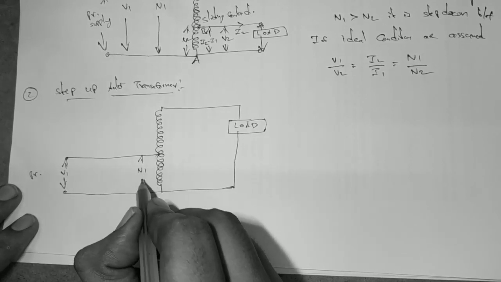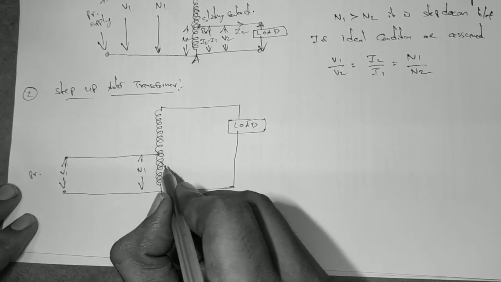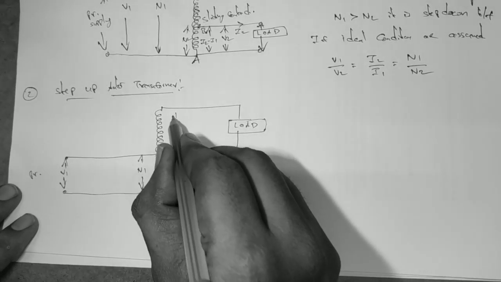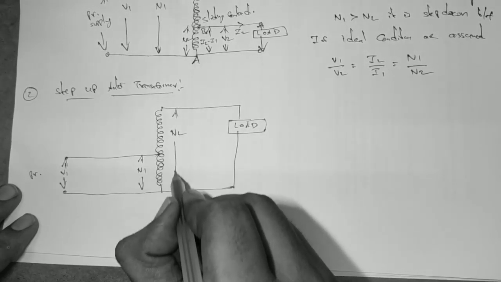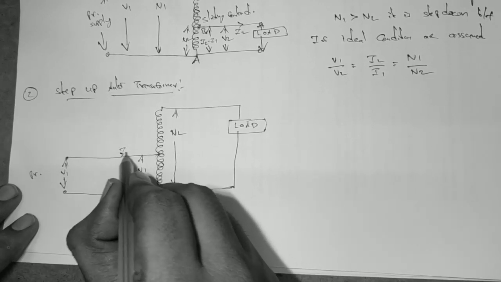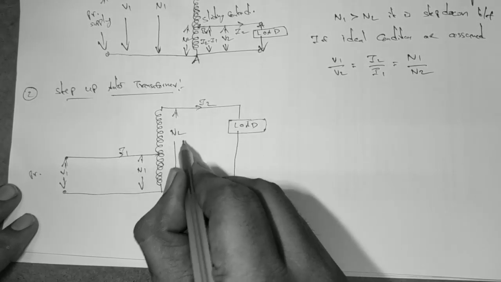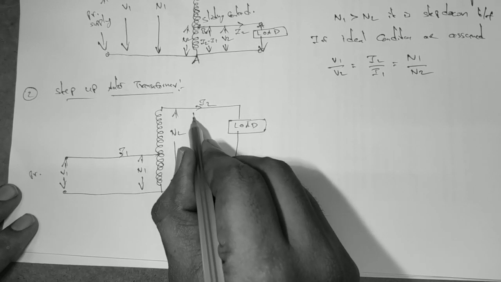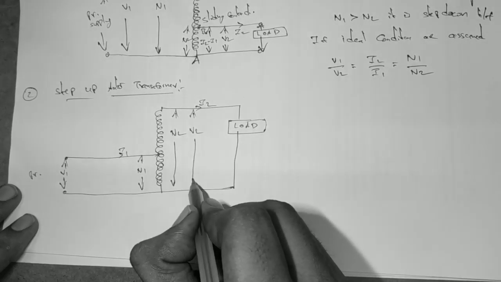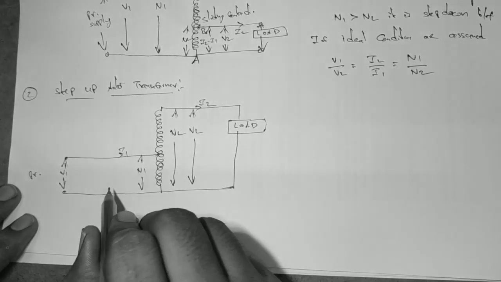Number of turns in primary side is N1 and number of turns in secondary side will be N2. So here N2 is greater than N1 and current flowing in secondary is I2.